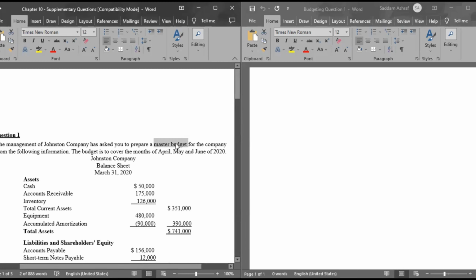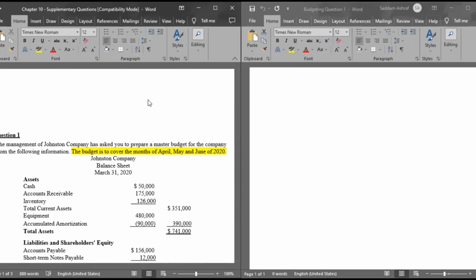Next, the budget is to cover the months of April, May, and June. This is the important information we will focus on. We are going to prepare a budget for the second quarter, which includes months from April to June. So there are a total of 3 months in our current budget, and this duration from April to June will be termed the budget period.